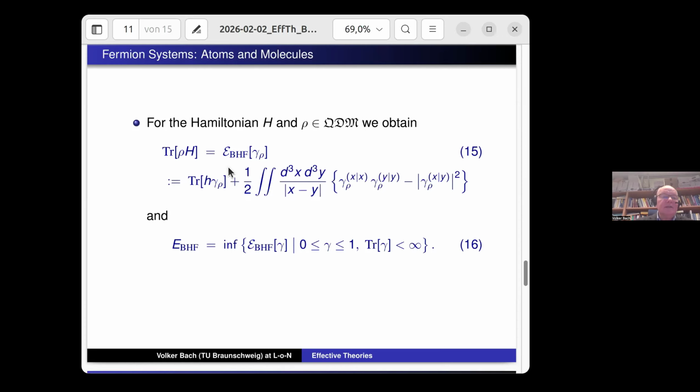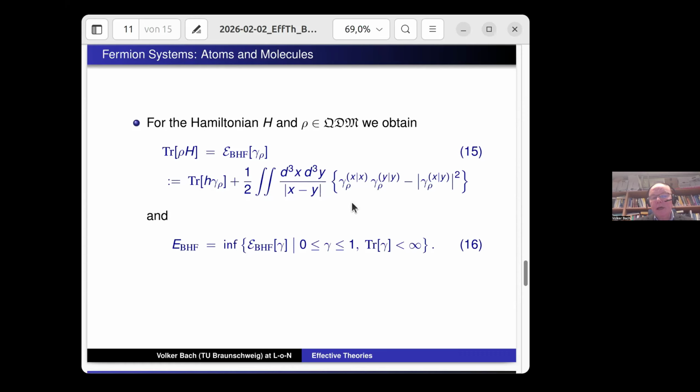So there's a trace of the one-body operator with a one-particle density matrix. And then there is the pair interaction term, and it has two contributions. In the first contribution, you see the term gamma rho XX and gamma rho YY.